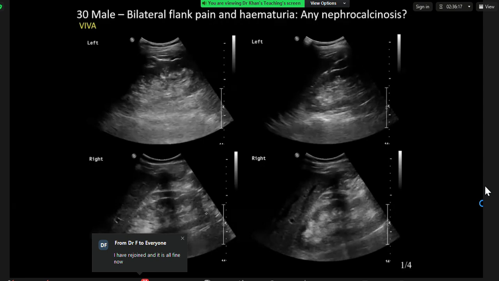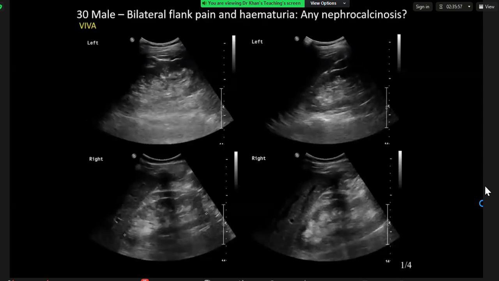I can't see any convincing posterior acoustic shadowing. And on the right image, I think there are some areas of hyperechoic foci, but again, I can't see any posterior acoustic shadowing. I think this would either represent calcification or possibly fat, but I'm not sure which one.